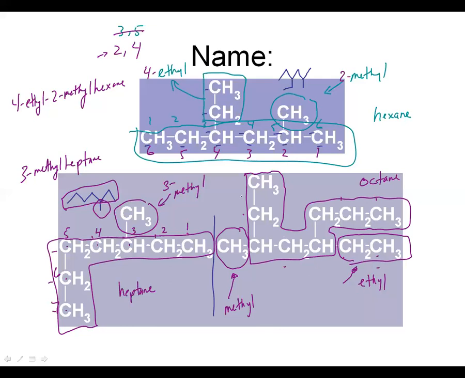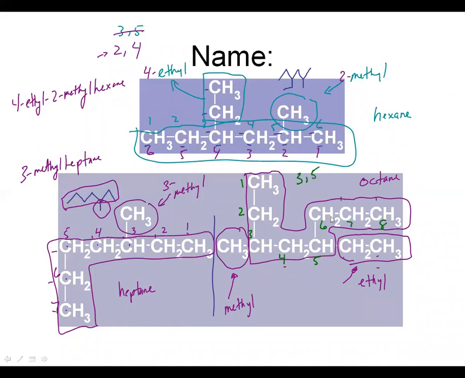If we go this way, that would be 1, 2, 3, 4, 5, 6, 7, and 8. So going in the green direction, we have a group at carbon number 3 and a group at carbon number 5.